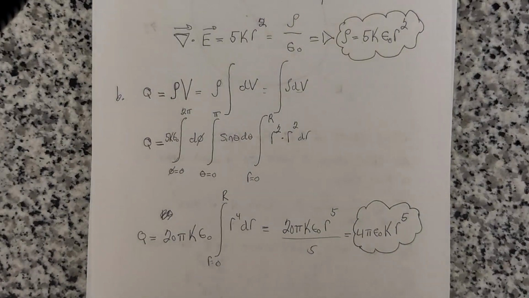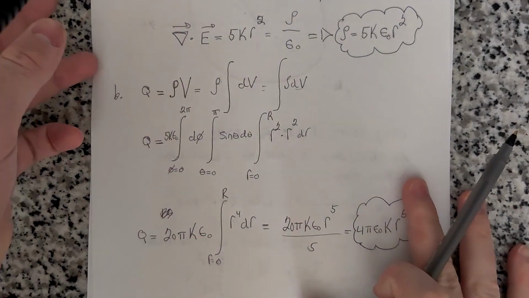We didn't use Gauss's law, we just integrated the charge density over the entire volume. So now let's go ahead and use Gauss's law and see if we can get the same answer.